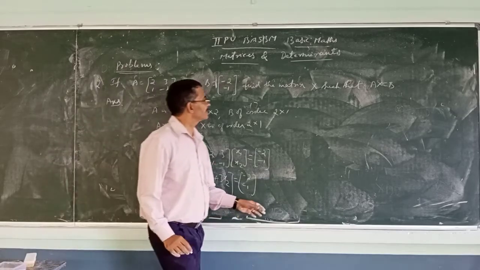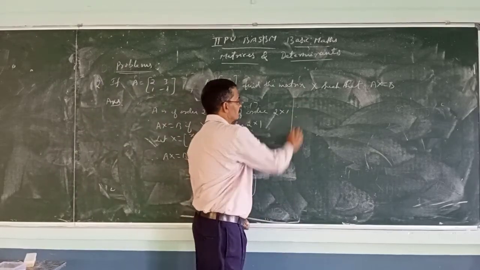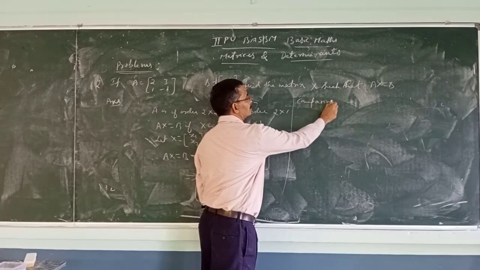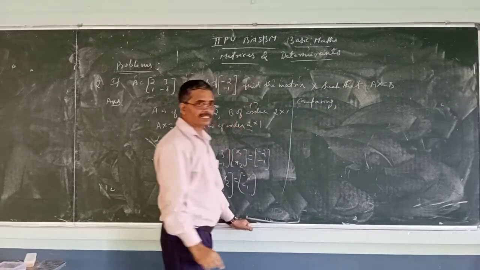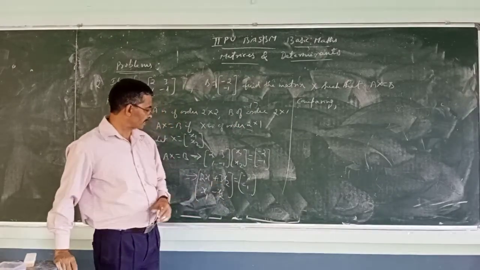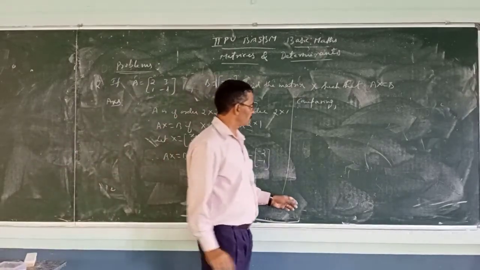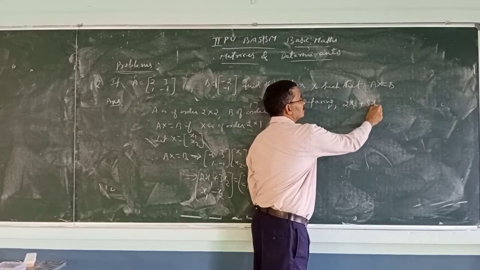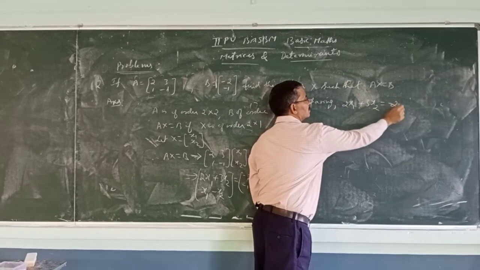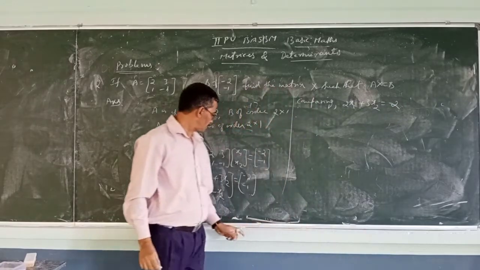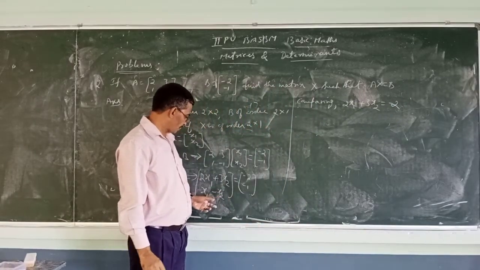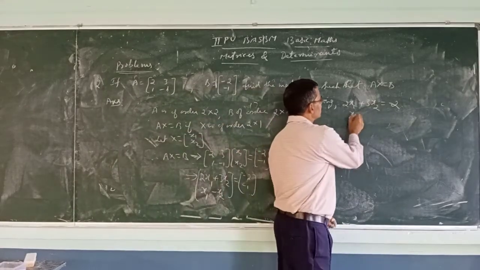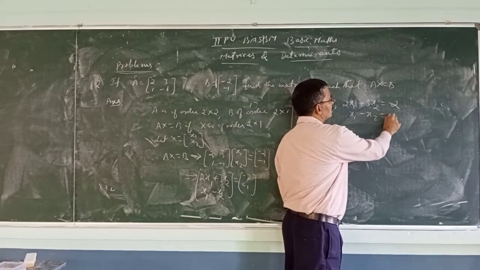Comparing left hand side and right hand side: 2x1 plus 3x2 equal to minus 2, and x1 minus x2 equal to minus 1.